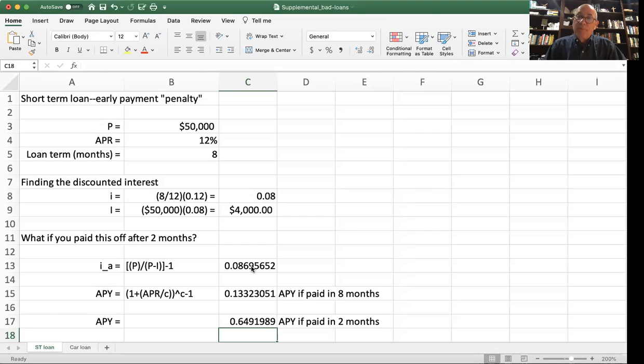So what would be better is if we had that $50,000 after the 2 months, is to then take that money and invest it somewhere, put it someplace where it can grow in value over the remaining 6 months.